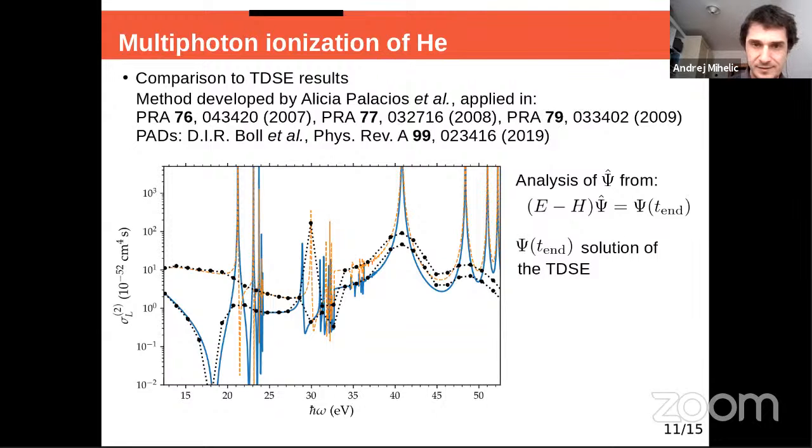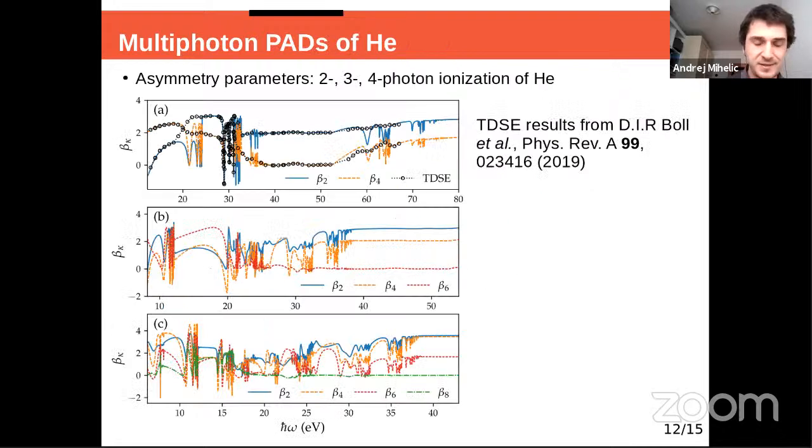And now I show you the last slide of the results. So we also calculated the asymmetry parameters for 2, 3, and 4 photon ionization of helium. These asymmetry parameters, or beta parameters, are used to characterize the photoelectron angular distributions. And we have compared this to recently obtained results by Diego Boll.